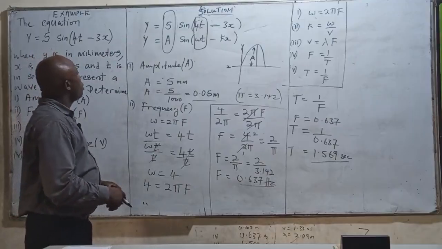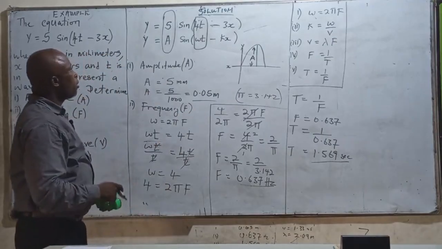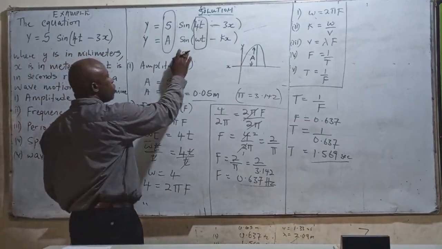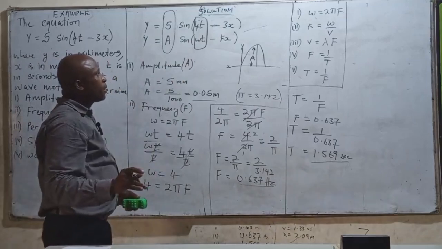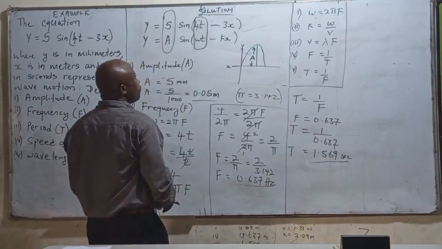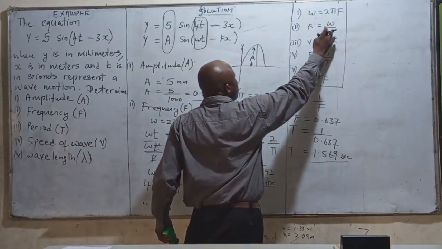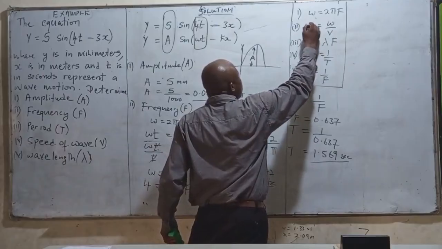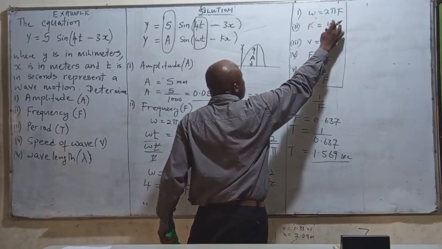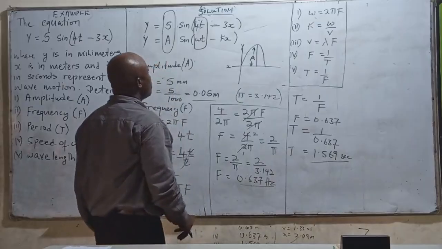When you look at the equation, you observe that there is no v in it, so you have to look for a property that is connected to v. You go back to your simple formulas. We have k is equal to w over v, where k is the wave number or wave constant, w is angular velocity, and v is linear velocity.